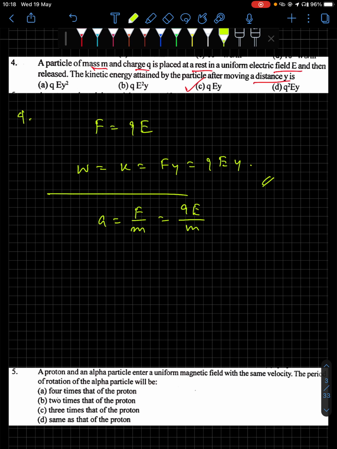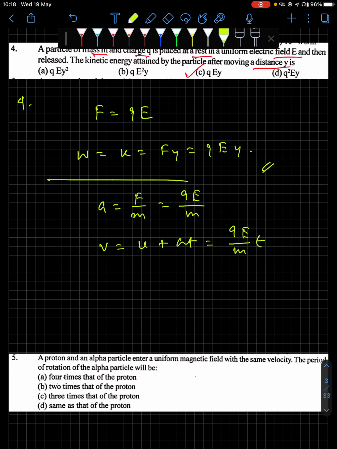Now initially the charged particle was at rest, so what is the final velocity then? v equal to u plus at. u is 0, right? So at is like qE by m into t. So qEt by m. So in that case, the kinetic energy relation is half mv square, half of m into qEt by m whole square.